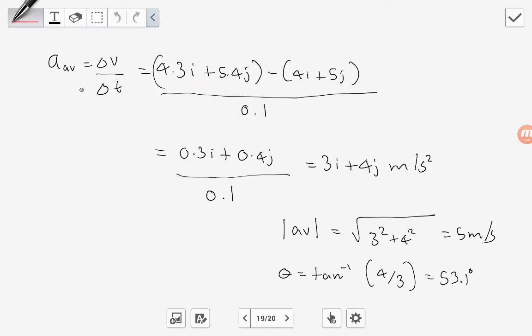Just as we did before, the average acceleration is the change in velocity divided by time, and we do that. We find this is the average acceleration in vectors, and then the magnitude, and then this is the angle. It's easy as that.